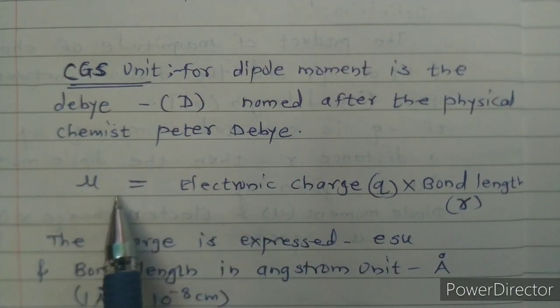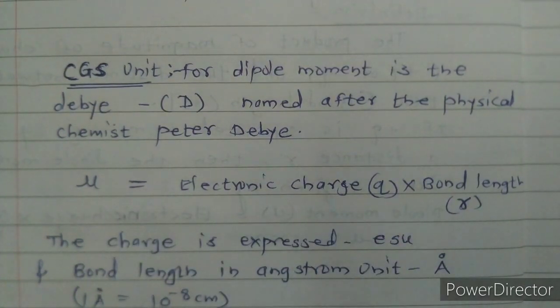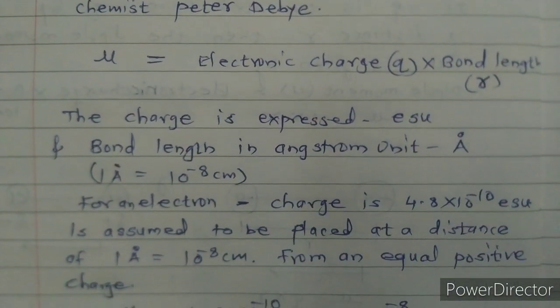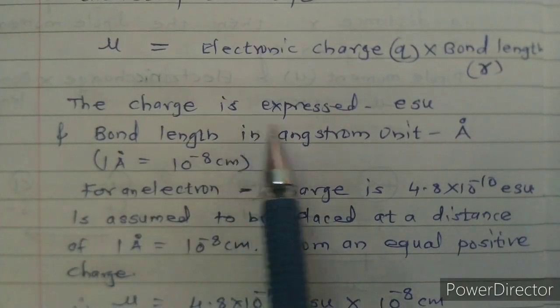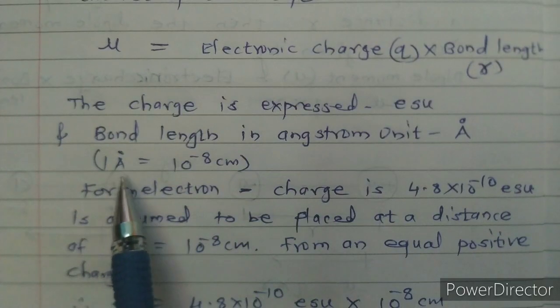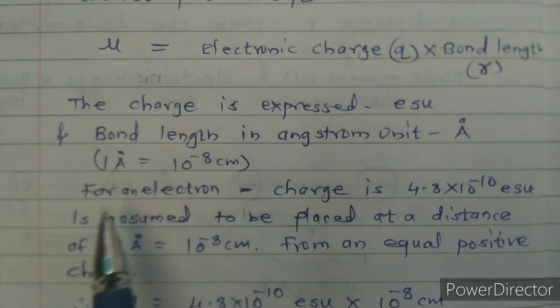As we know, mu, the dipole moment, equals electronic charge q into bond length. The charge is expressed in ESU and the bond length in angstrom. So 1 angstrom equals 10 raised to minus 8 centimeter.